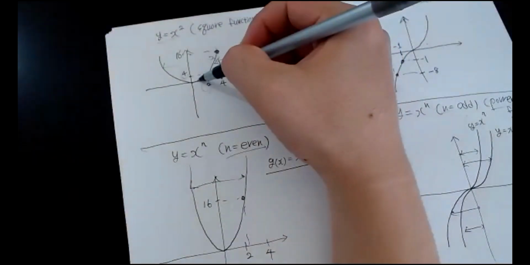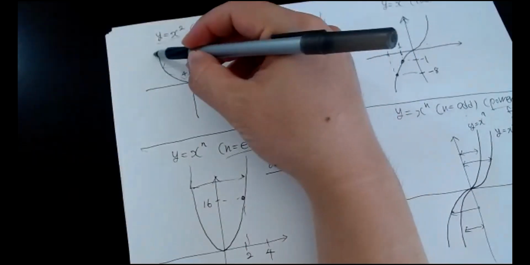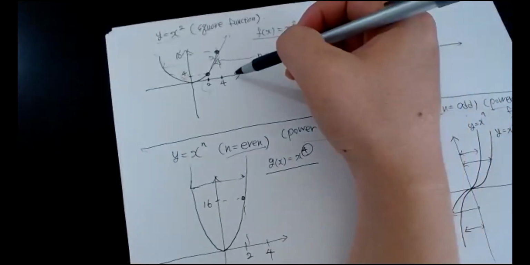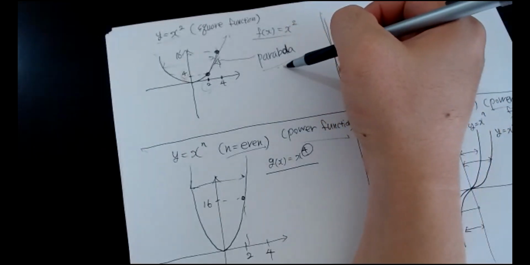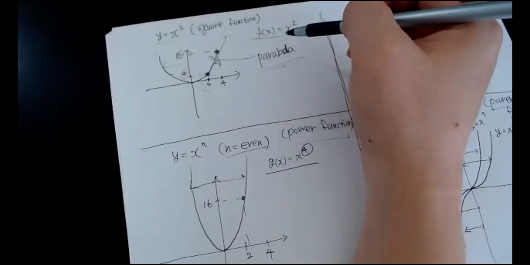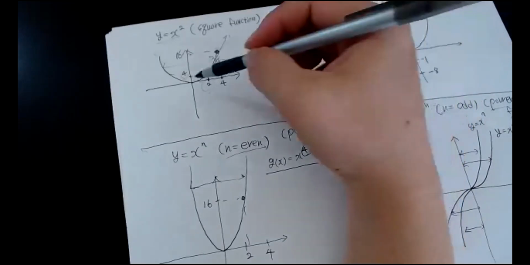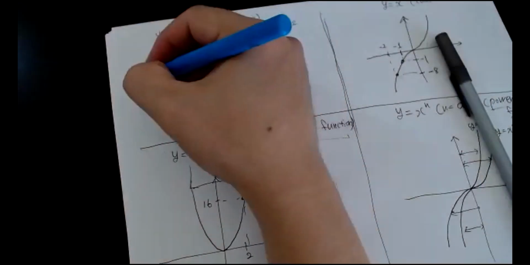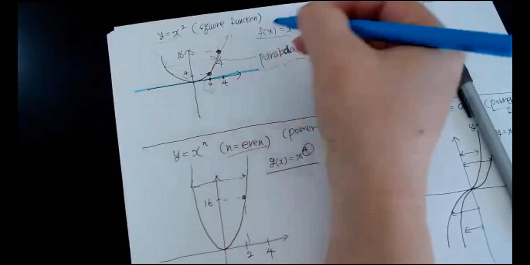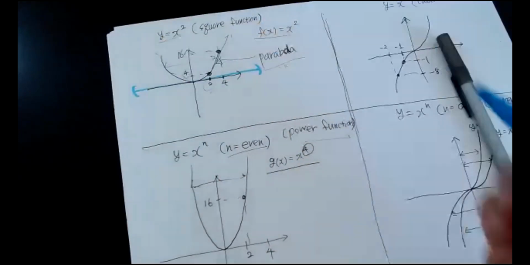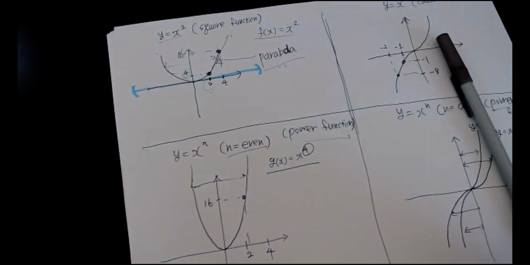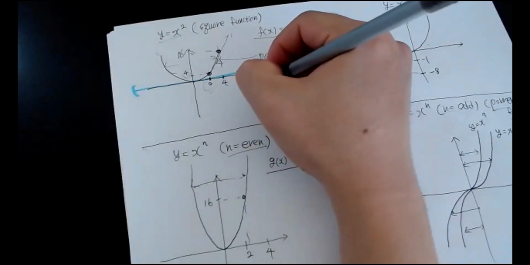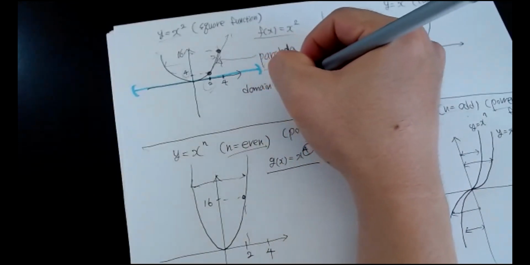Look at this: the graph goes out infinitely, right? So for any choice of x value, there exists a corresponding y value. So the domain is going to be negative infinity to infinity. The domain is negative infinity to infinity.